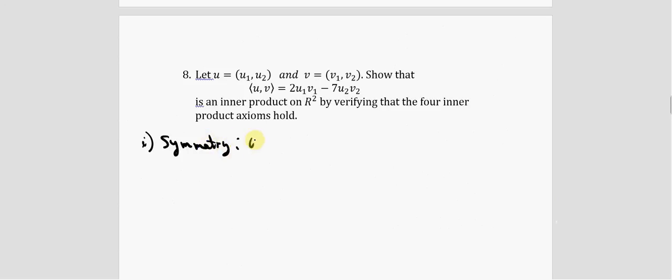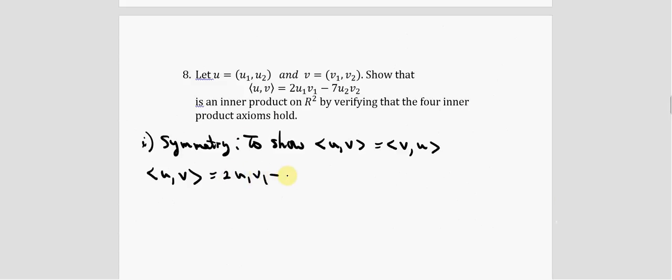So here, to show that the inner product of u with v is the same thing as the inner product of v and u. So we start with the left side, so the inner product of u and v is equal to, as it's defined, 2 times u sub 1 times v sub 1 minus 7 times u sub 2 times v sub 2.